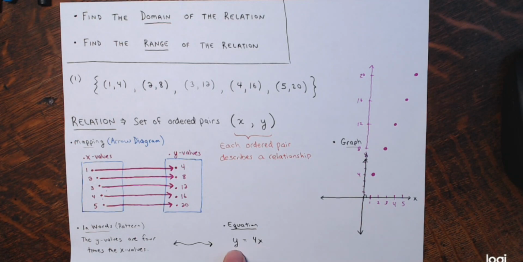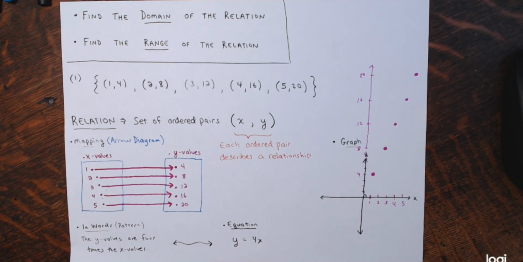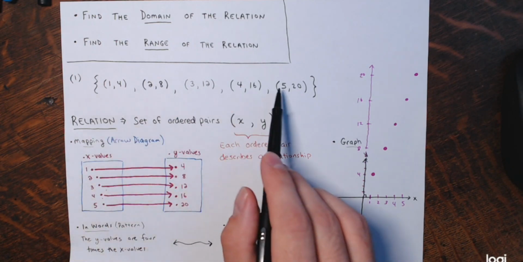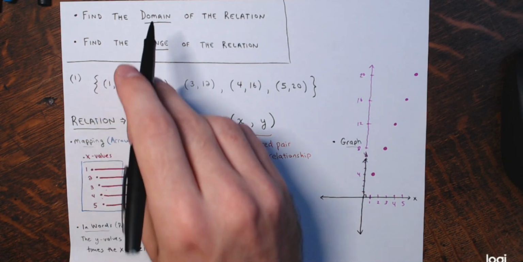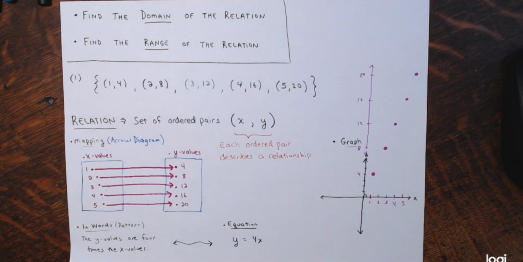The y value is equal to 4 times the x value. Now it's not for every x value on the x-axis or every y value on the y-axis, but that's where the domain and range come in. y equals 4x. For what values of x am I using? I'm only using the values of x 1, 2, 3, 4, and 5. The first coordinates that are being used, that's the domain of the relation.